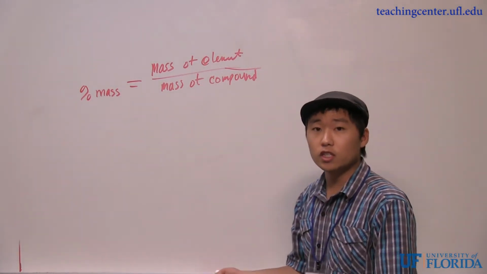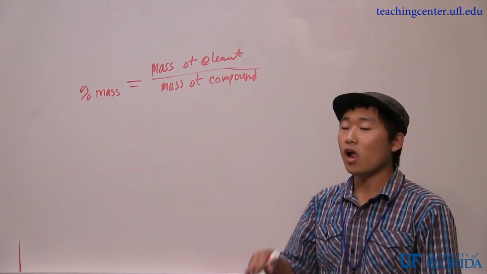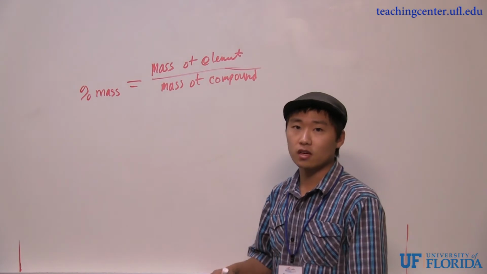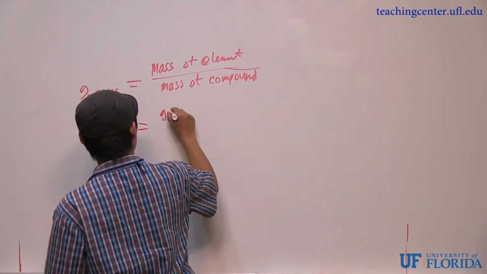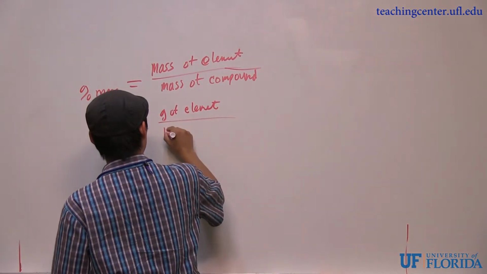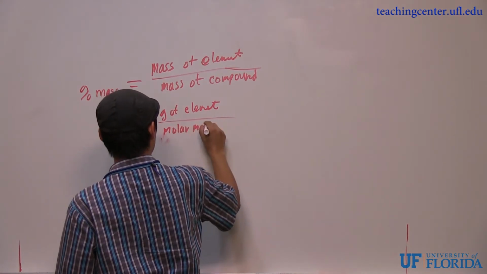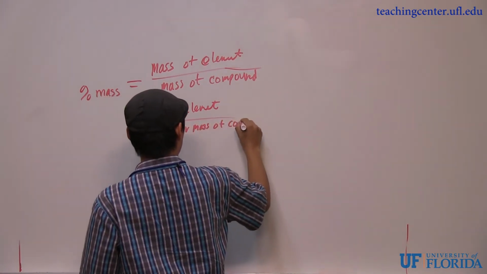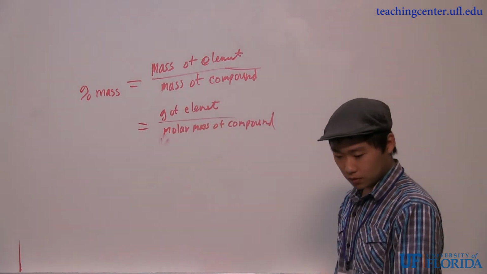Well, you would find out how many grams of oxygen there are in 1 mole of water, and then divide it by the molar mass of the water. So this equals grams of element by molar mass of compound, and that's exactly what we're going to do here.